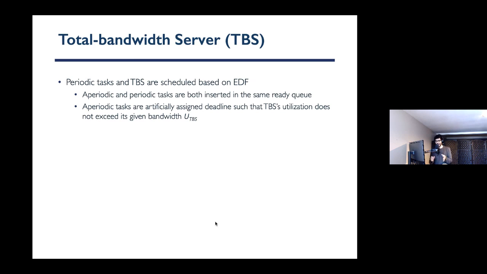So with EDF, you know that your system is schedulable if total utilization is less than 100%. Now, you know your periodic tasks. You can calculate your total utilization for periodic tasks. That gives you some leeway. So let's say the total is 70%. Now you have 30% left.